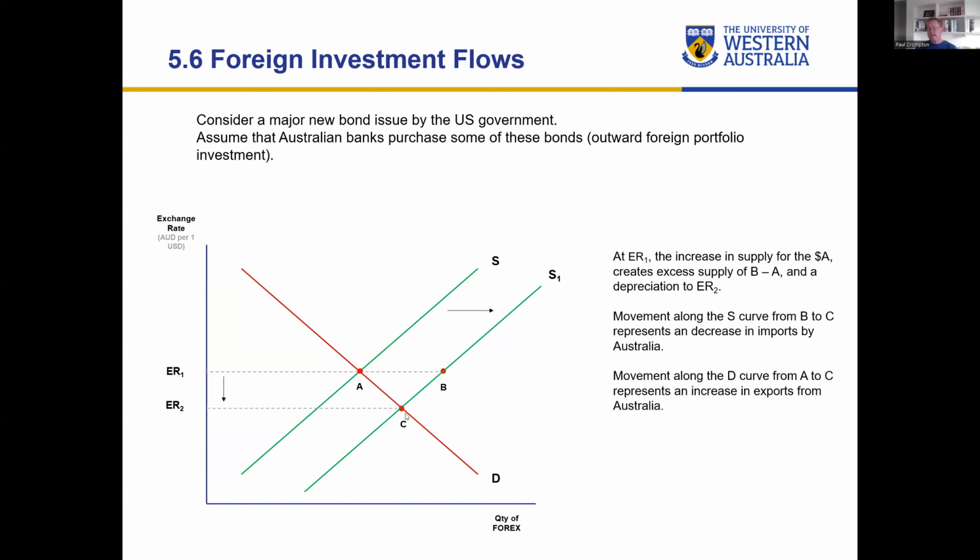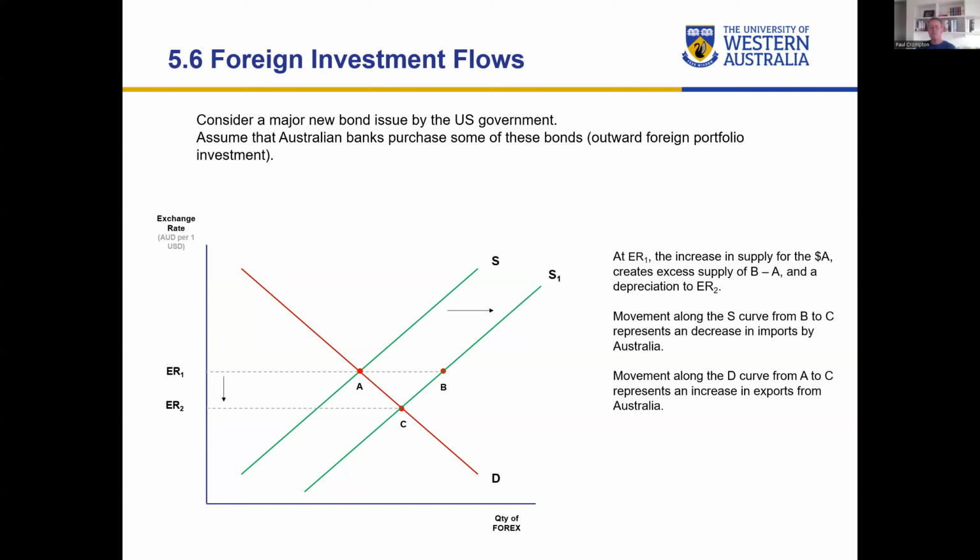What does B back to C mean? Well, that means because of the drop in the exchange rate, Australians are supplying fewer Australian dollars. Another way of saying the same thing is that because of the reduction in the value of the Australian dollar, Australians are demanding fewer units of foreign exchange. Well, why?